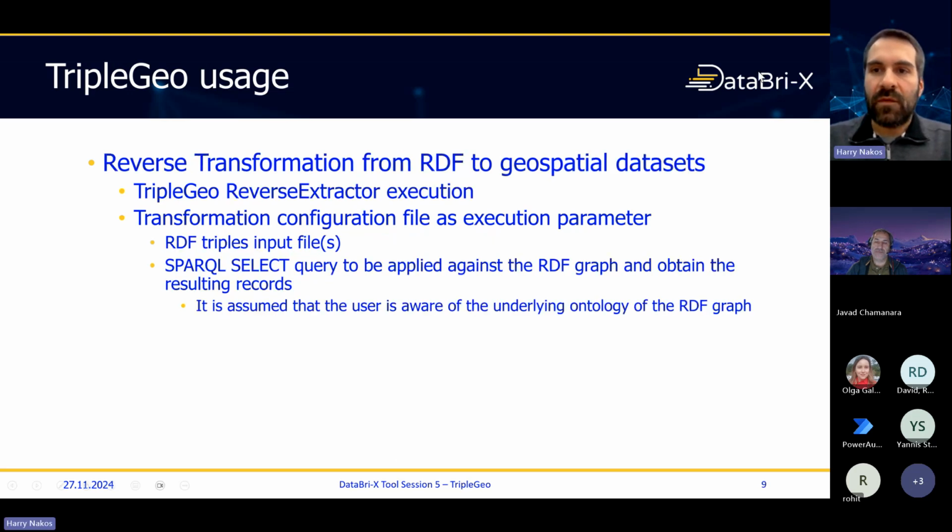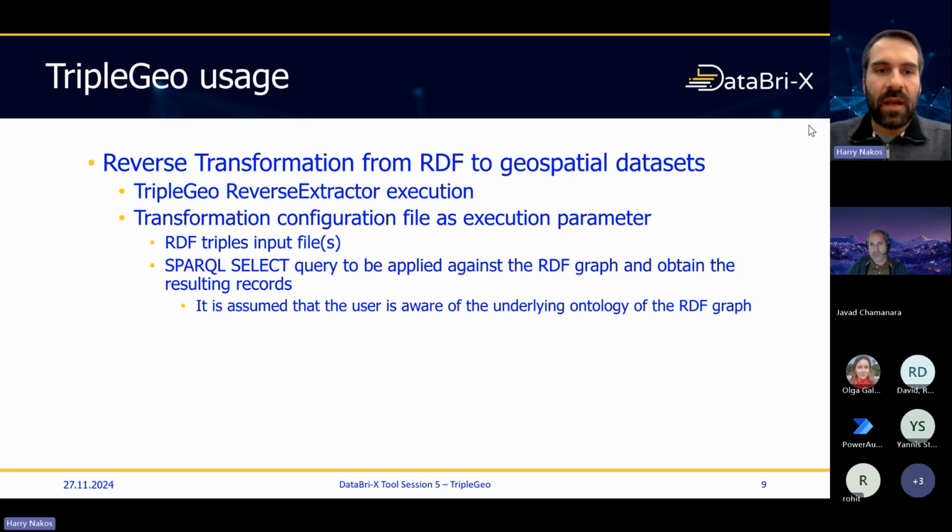And as for the reverse transformation, TripleGeo is executed with the reverse extractor parameter, and the configuration file is also provided as an execution parameter.